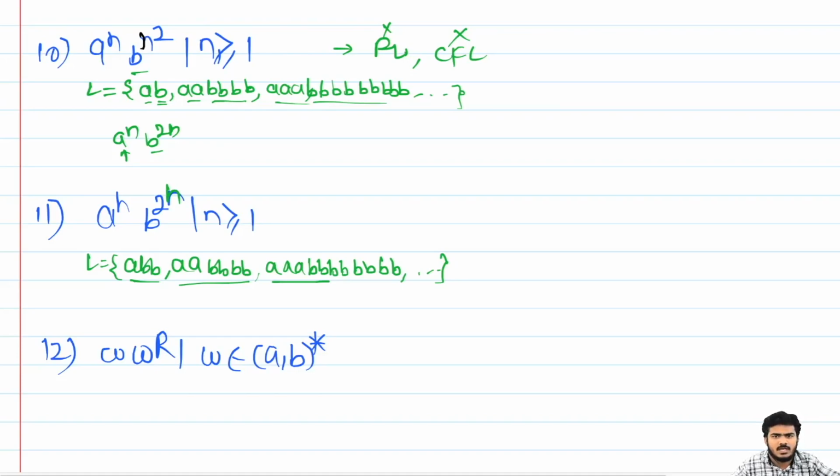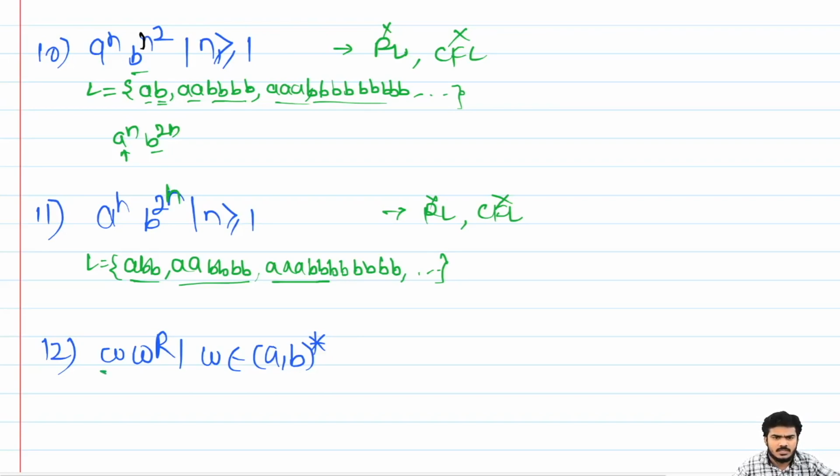So this is not a regular language, and designing a deterministic PDA or non-deterministic PDA is not possible for such a language. So this is not a context-free language, and whenever the language is not context-free, then it is definitely not a deterministic context-free language.